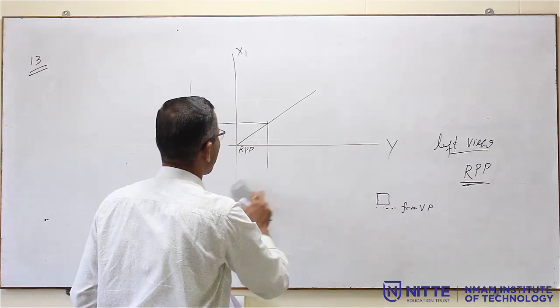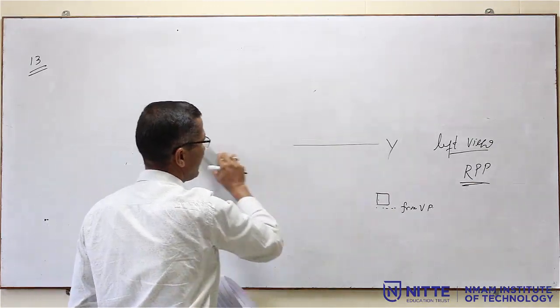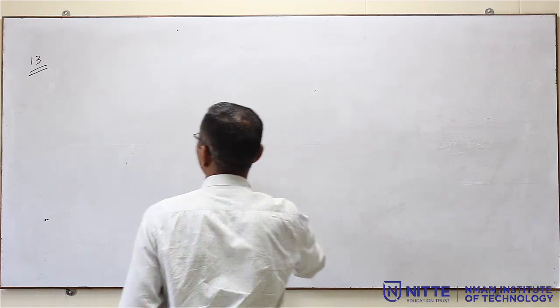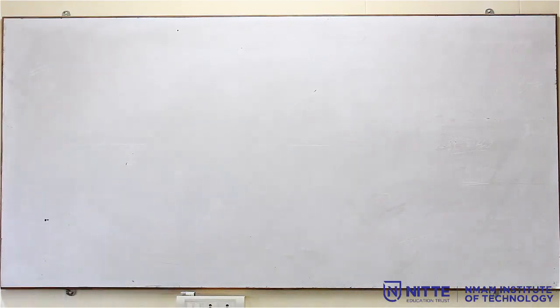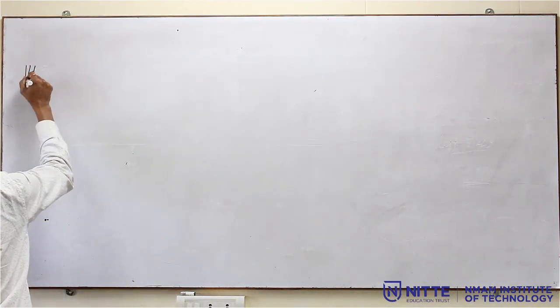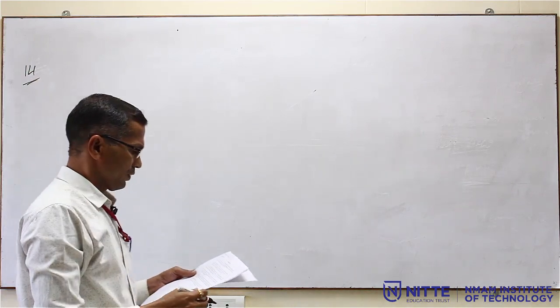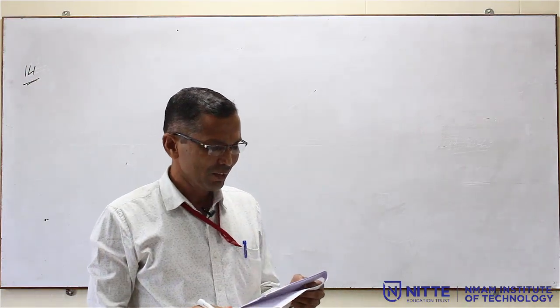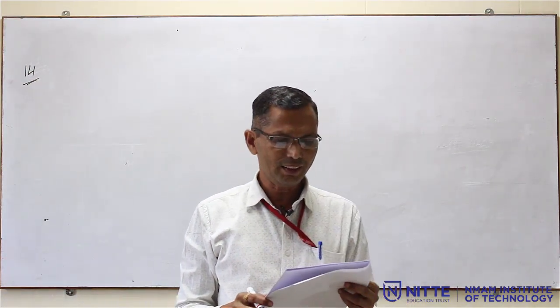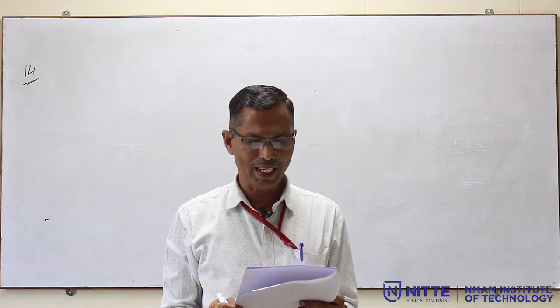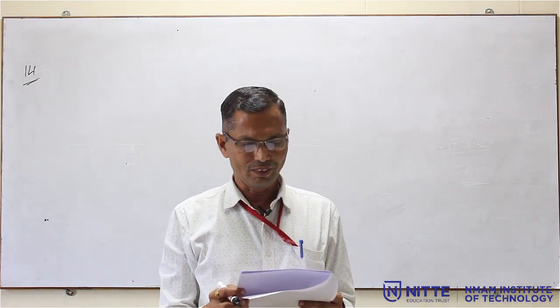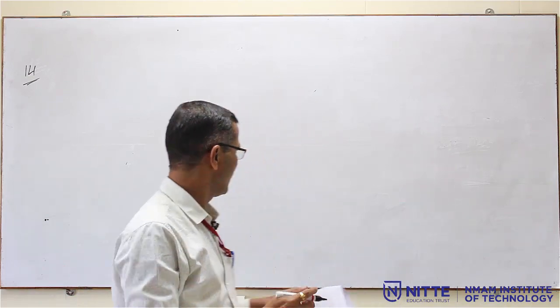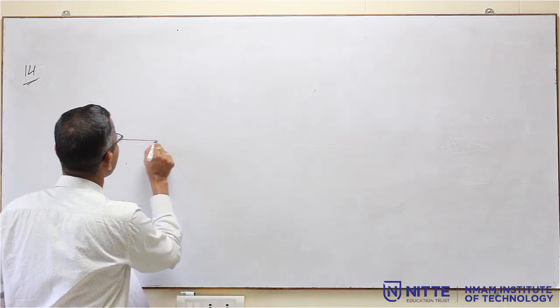So, we will go for the next problem, problem number 14. To read it properly, the difference between the distances of the views of a point lying below xy line is 40 mm. That means there is a xy line.